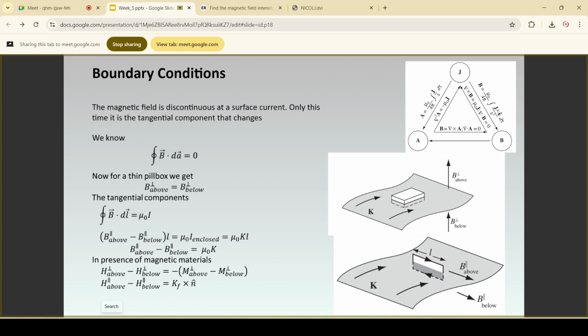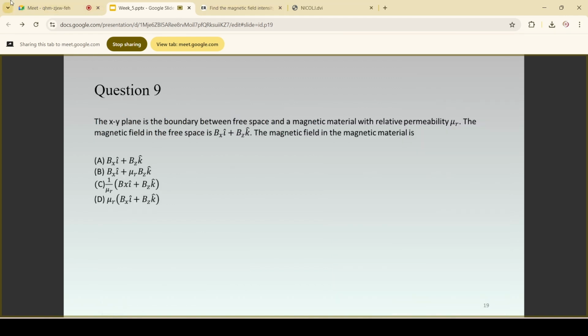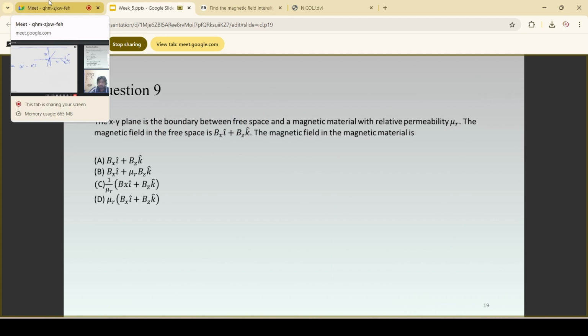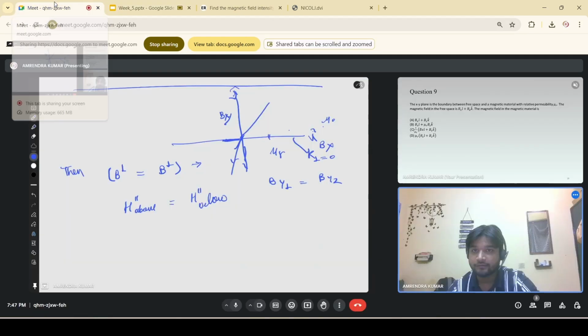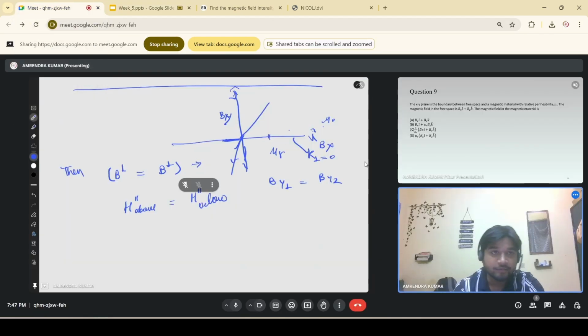Okay, so that means that the perpendicular component to this boundary is B_y. So B_y1 is equal to B_y2. The components are Bx i cap and Bz k cap.